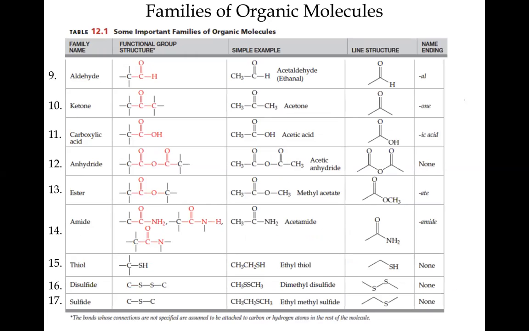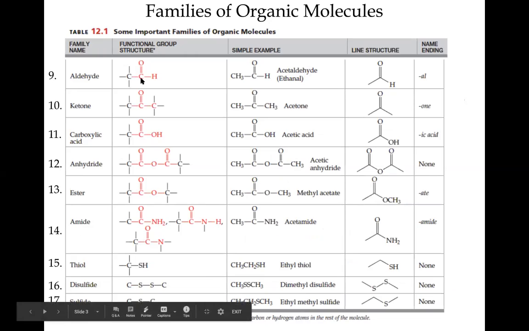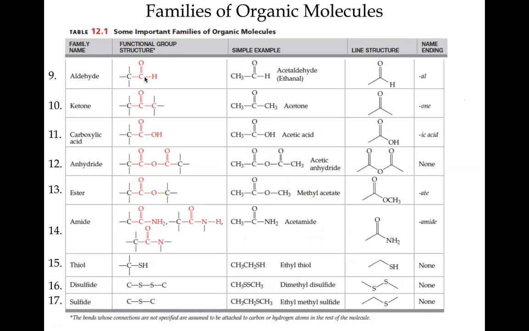Then we get into these more complex, what we call carbonyl groups up top. An aldehyde is a carbon-oxygen double bond and a hydrogen, okay? So just, again, focus on the things that are in red, all right? On all of these, you're going to have carbons to the left, but what makes an aldehyde is a carbon that has a double bond with an oxygen and then another bond with a hydrogen.